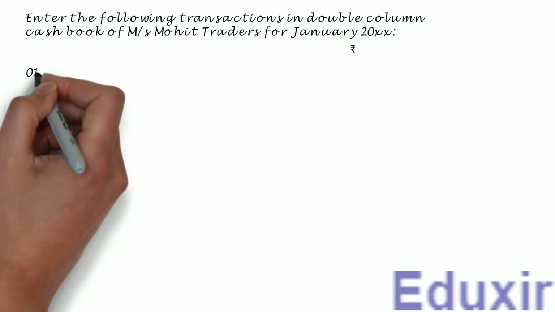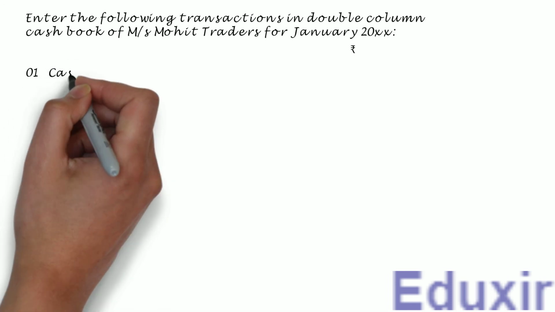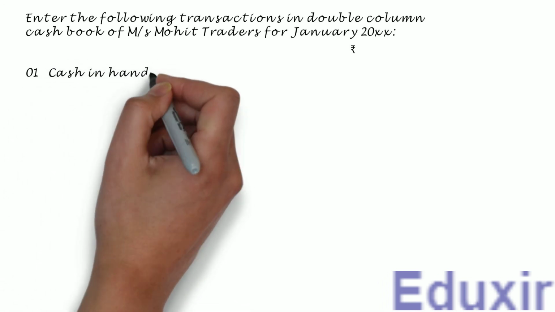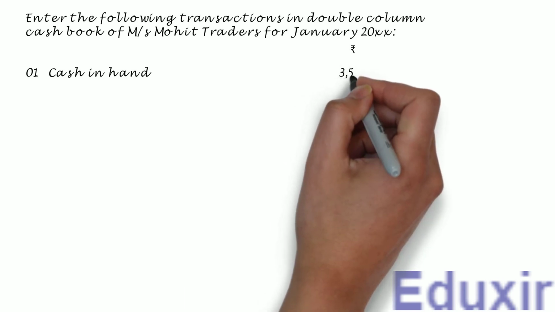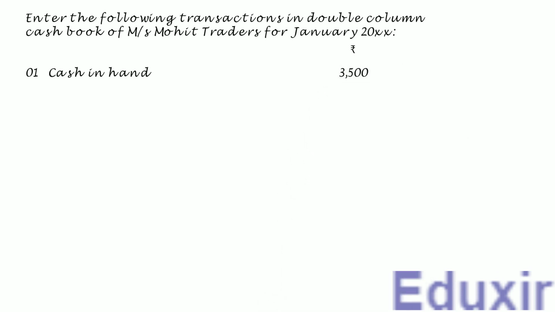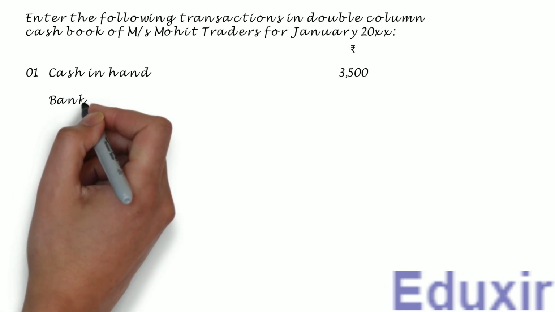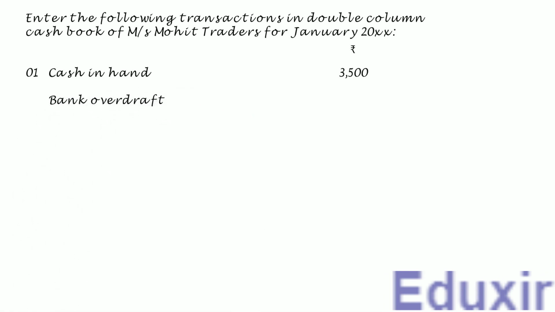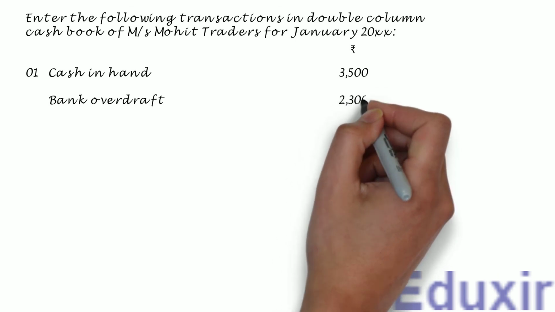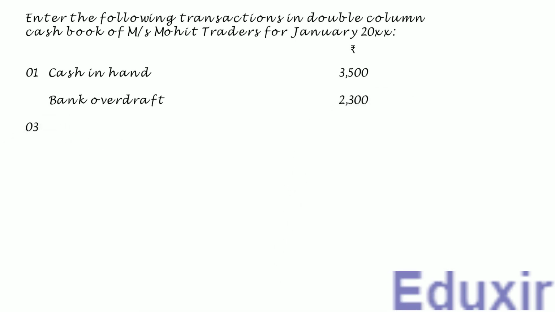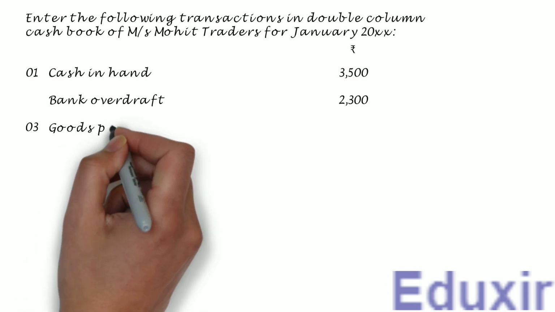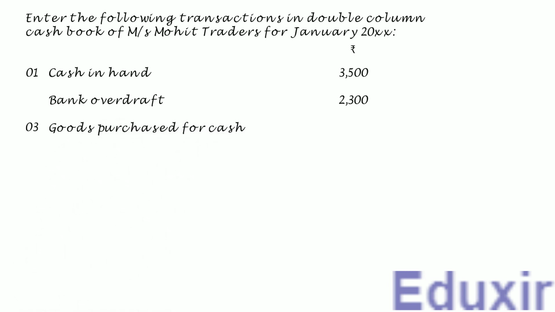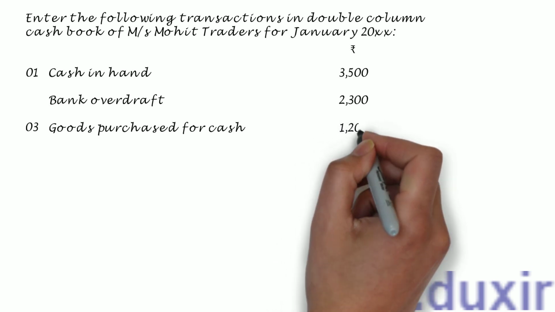On 1st January, cash in hand ₹3,500. On the same day, bank overdraft ₹2,300. On 3rd January, goods purchased for cash ₹1,200.